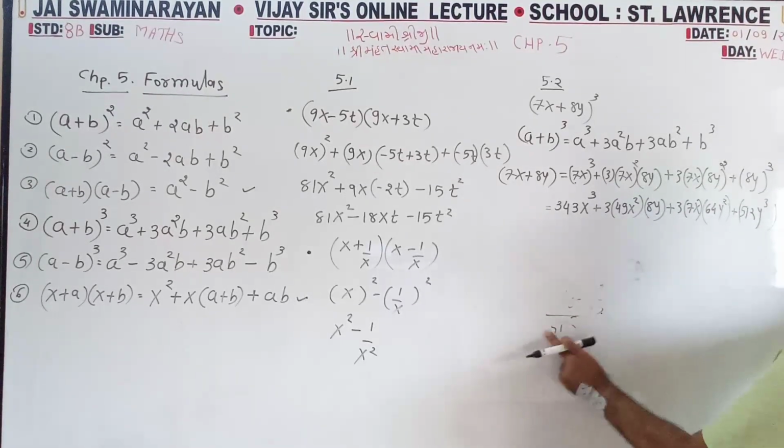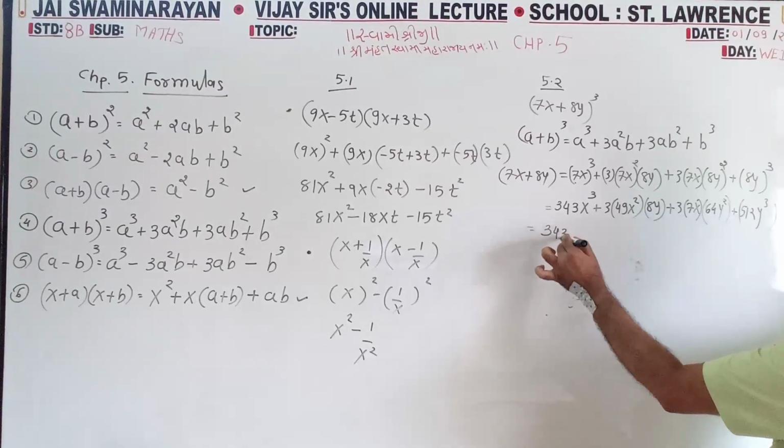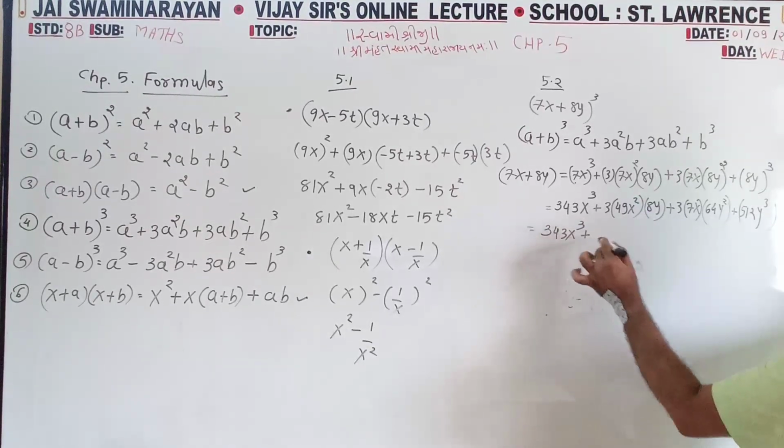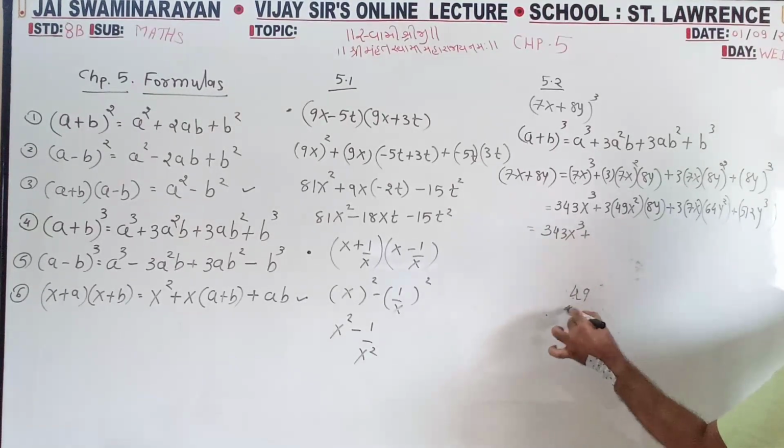Now again simplifying. 343 x cube plus 3 into 8 is 24 into 49.